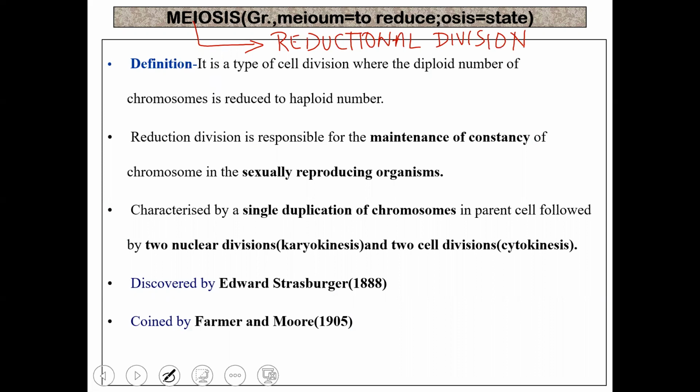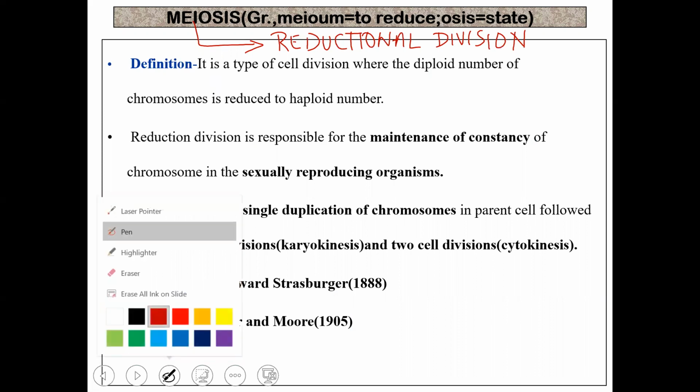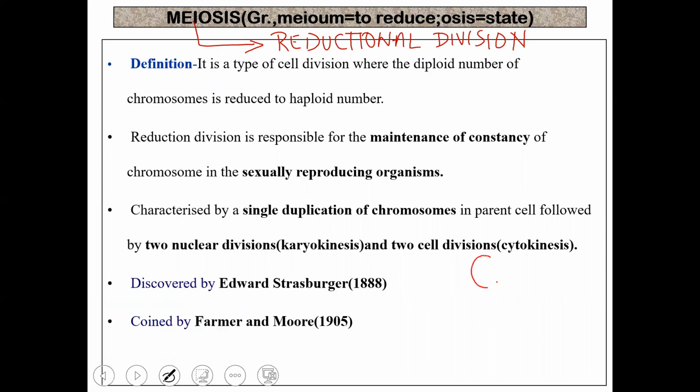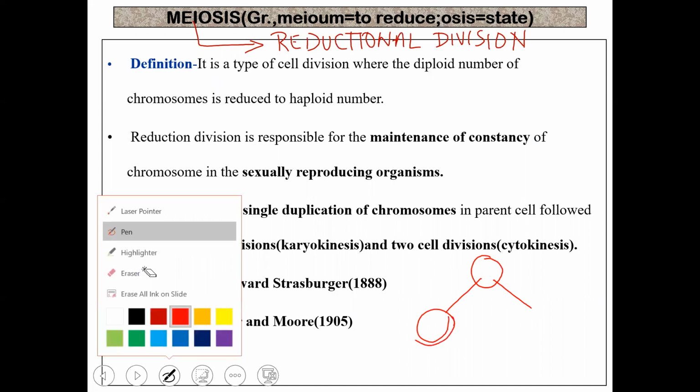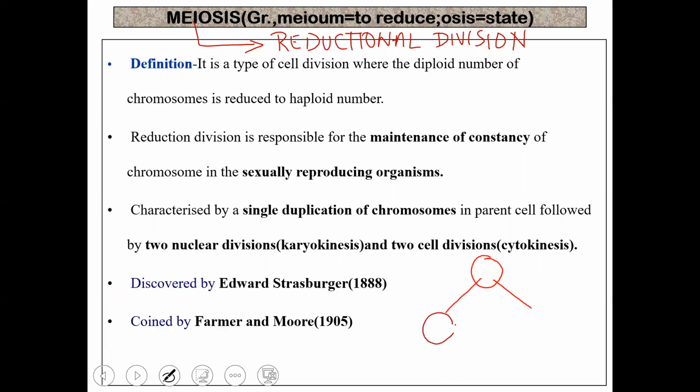So when we look into the number of chromosomes from the parental cell, this is a parental cell, which is going to divide itself into the daughter cells. So the chromosome number in case of parental cell, if it is 46, they're going to be distributed to the daughter cells into half. It will be reduced into half.